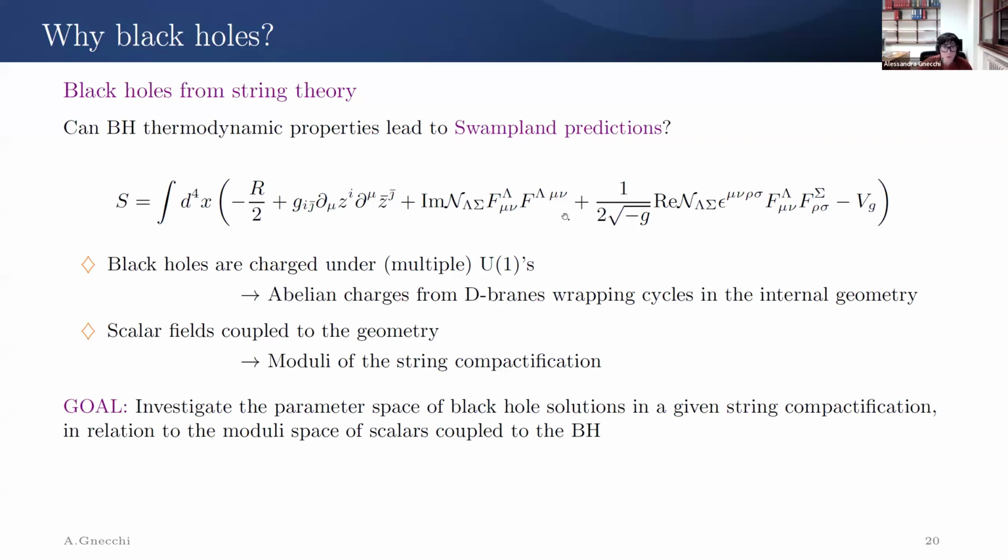So my black hole will be a kind of Reissner-Nordstrom black hole because there are gauge fields in the game, but not just one. There are many. My black hole will have many electric charges, many magnetic charges. On top of that, it can be coupled to scalar fields. So it's a little bit more complicated than the Reissner-Nordstrom I showed you, but this complication actually enriches the properties I can study.